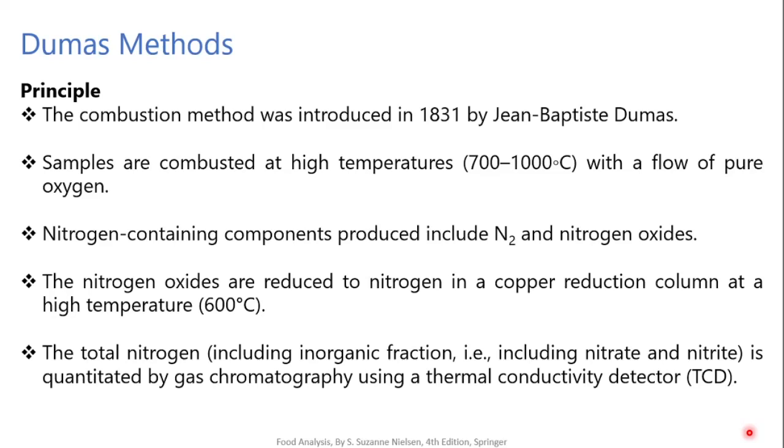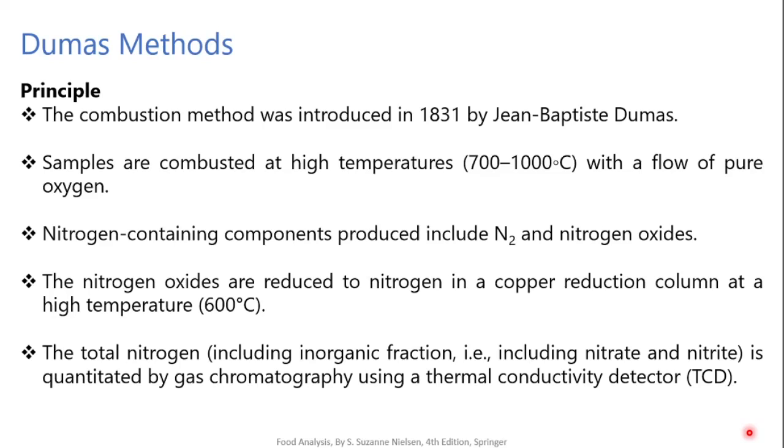So the total nitrogen, which includes the inorganic fraction that comes from nitrate and nitrite, is carried by pure helium, and it is quantitated by gas chromatography using a thermal conductivity detector. Ultra high purity acetanilide and EDTA, that is ethylene diamine tetraacetate, may be used as standards for the calibration of the nitrogen analyzer.